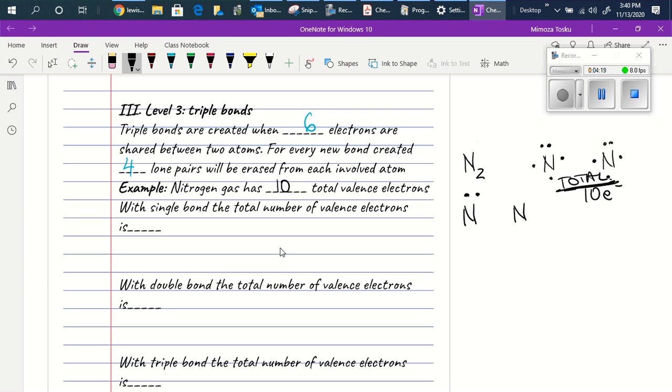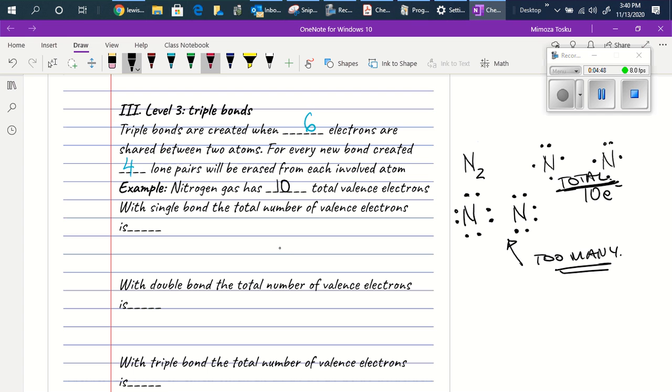So 1, 2, 3, 4, 5, 6, 7, 8, 9, 10, 11, 12, 13, 14. Okay, so that means that we have too many electrons here, way more than what is available. We have 10 electrons available.